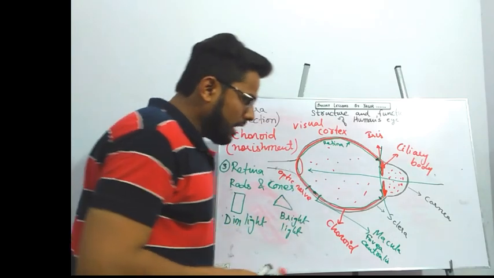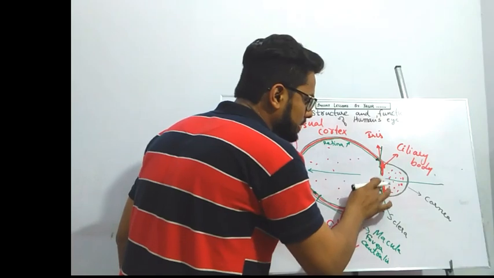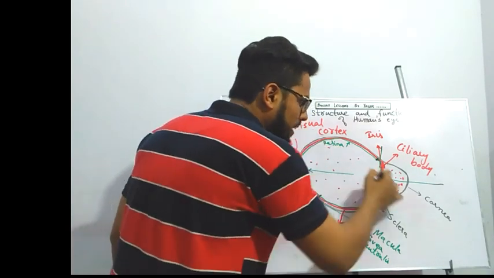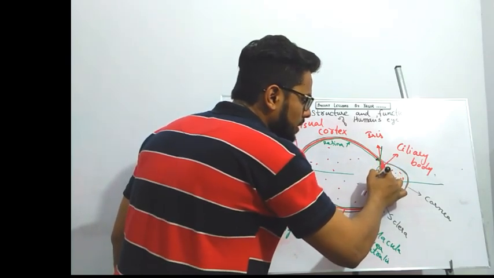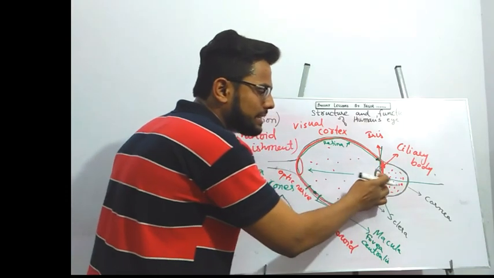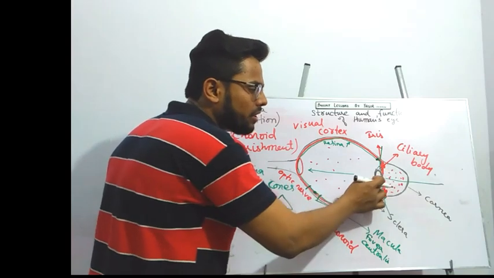Understood? Now over here at the ciliary body, let us discuss the main part of the eye. There are suspensory ligaments, and these suspensory ligaments hold the lens. The lens is present beneath the iris, beneath the cornea.